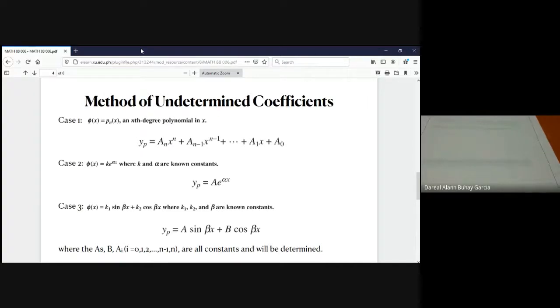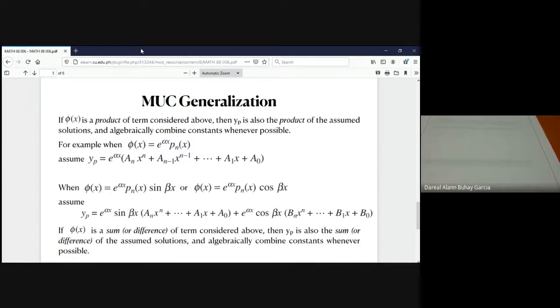We do not need to do something to our given differential equation.